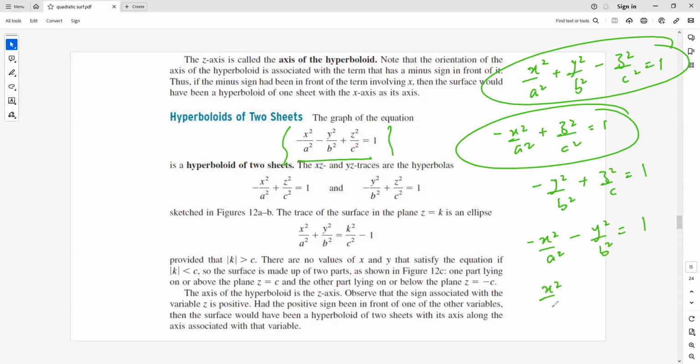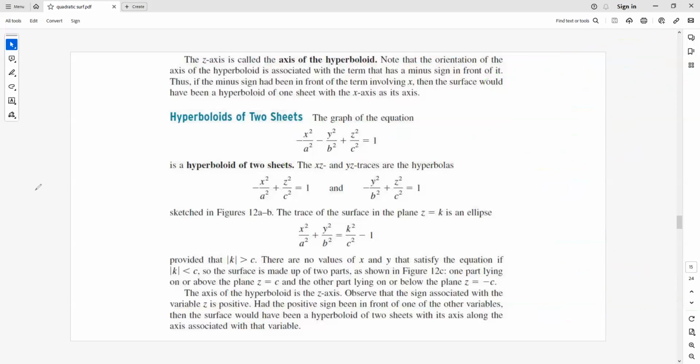If we shift the negative side to the right-hand side, it looks like the equation of an ellipse, but because of this negative one, the roots will be above the origin. So we can see this surface.